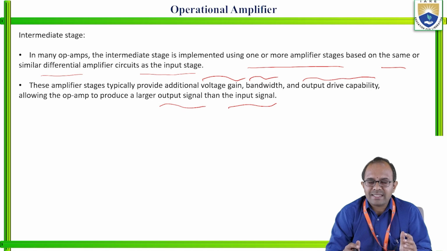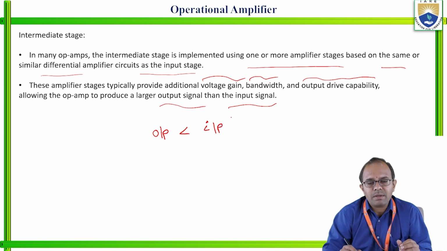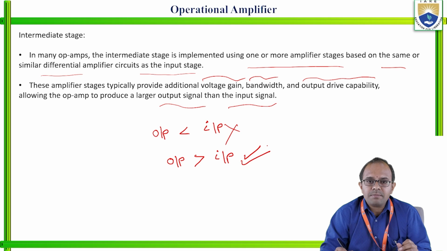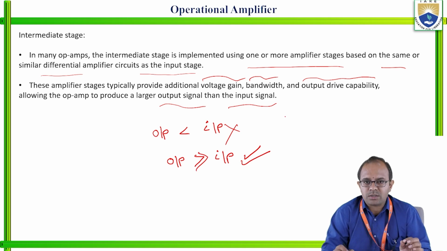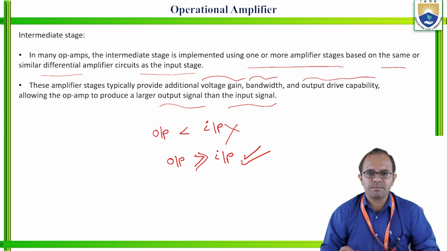Only then can we say there is a faithful amplification. If the output is less than the input, is it an amplification? No, not at all. So we need to meet the criteria: the output should be far better than your input. Not just equal or just higher than, it should be far better than your input signal.